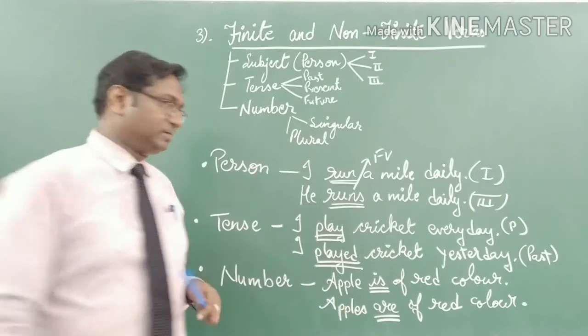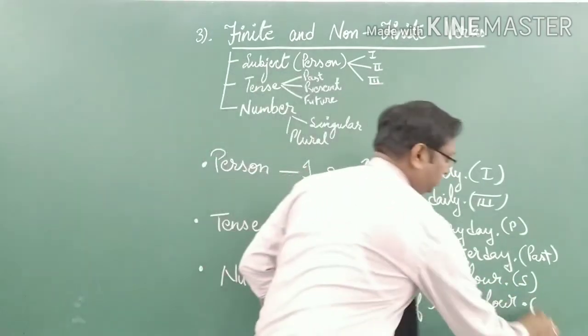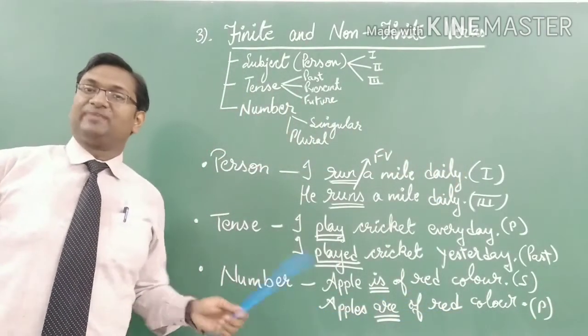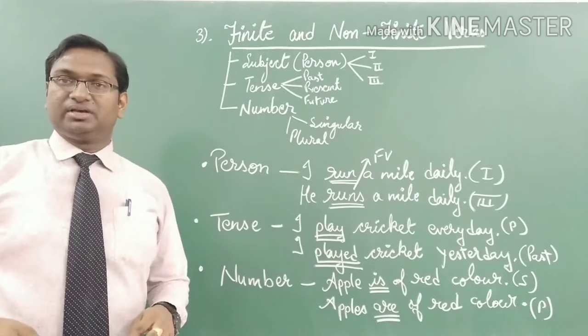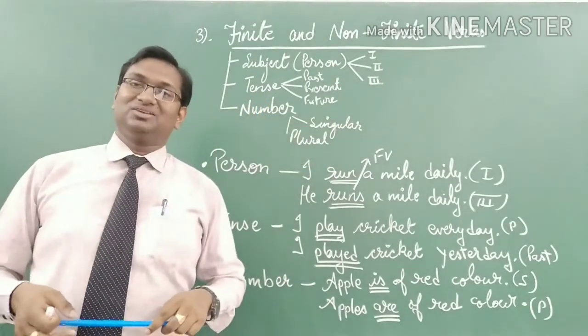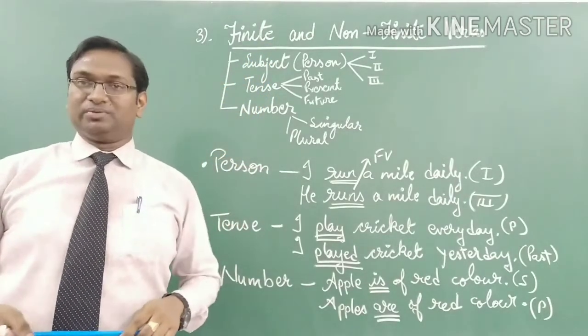Apple is singular and apples is plural. So according to the number, we have changed the verbs. It is not that whatever you want, you can use. So according to the parameter, you have to use the verb.